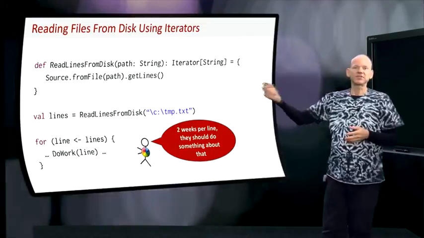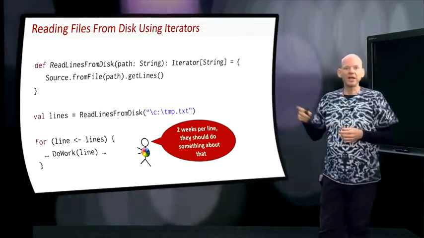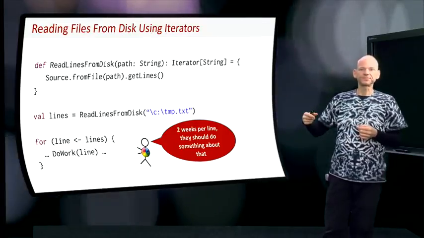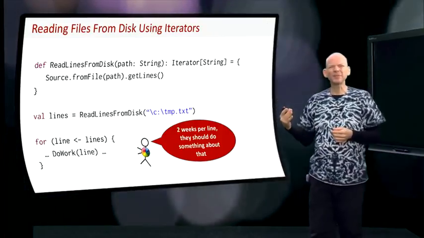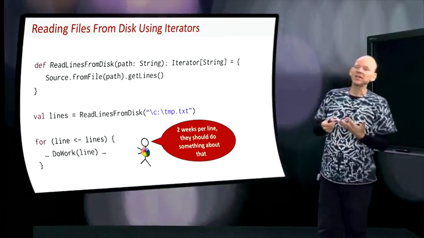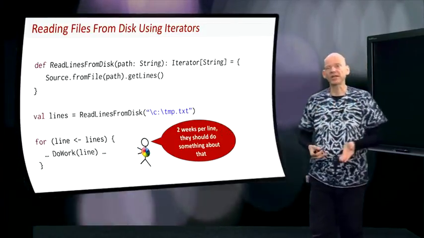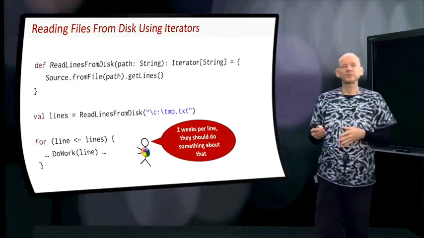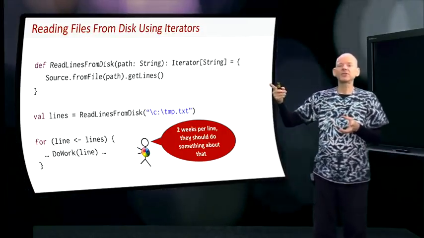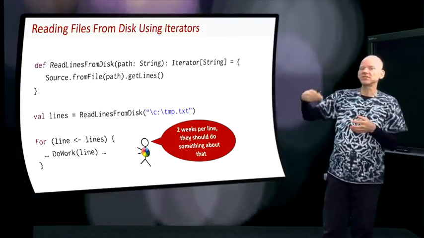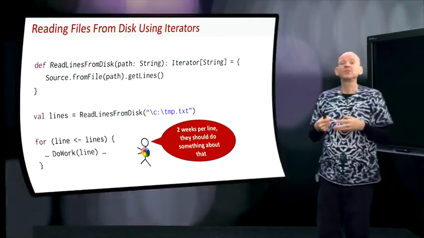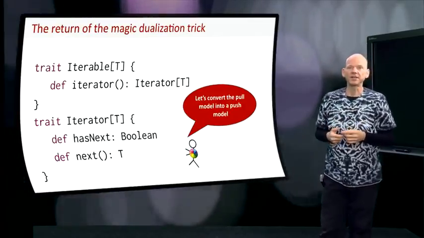And this is just standard Scala code. And then we're going to do a for loop to do work for each line. Now reading from disk takes 2 weeks, so 2 weeks per line. That's kind of crazy because we're blocking again. We're waiting for a long time. So reading from a file using iterators is not a good idea because this is not the type to deal with things that have high latency.